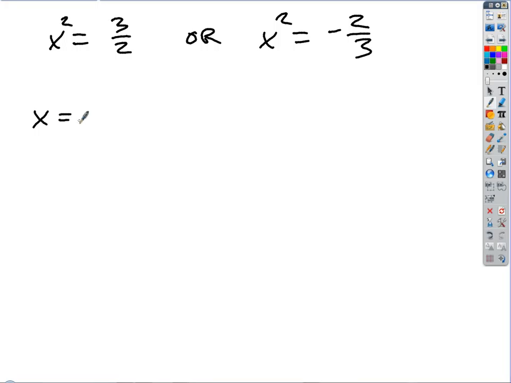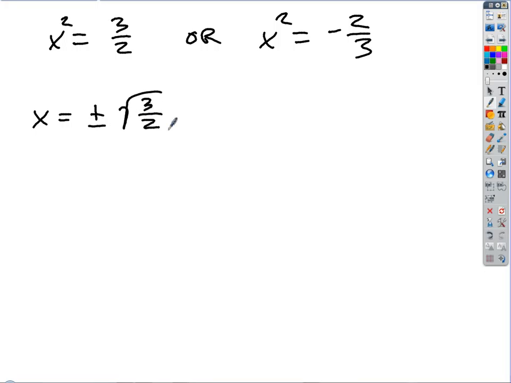X equals, it's not just the square root of 3 halves. What'd you forget? Plus or minus. When you square root both sides, you have to put that plus or minus in there. That's important because there's two solutions.